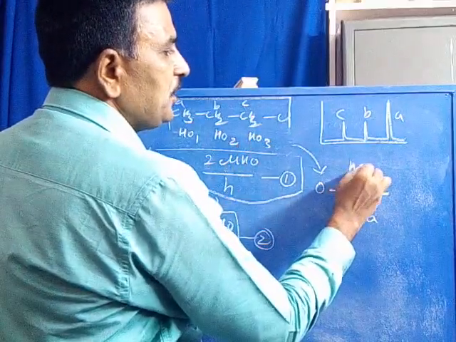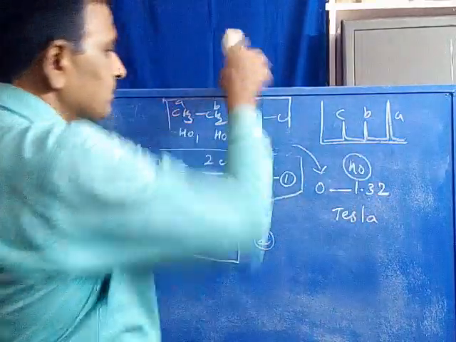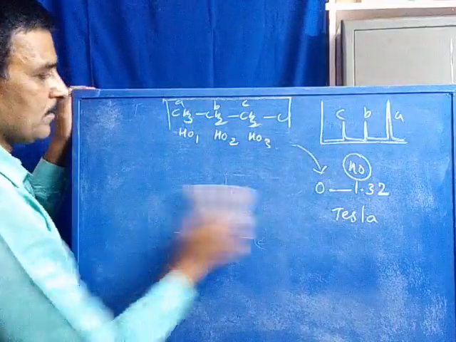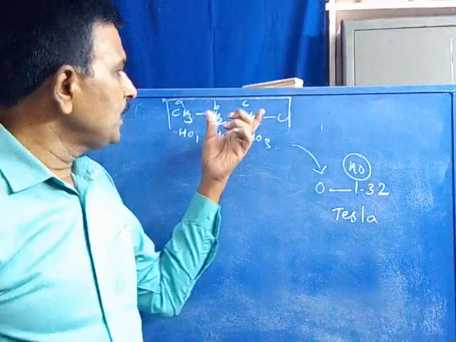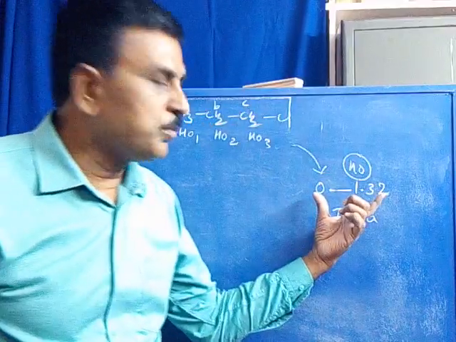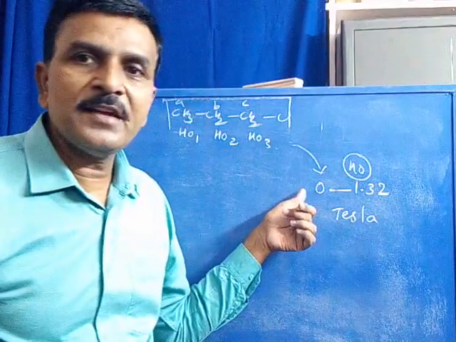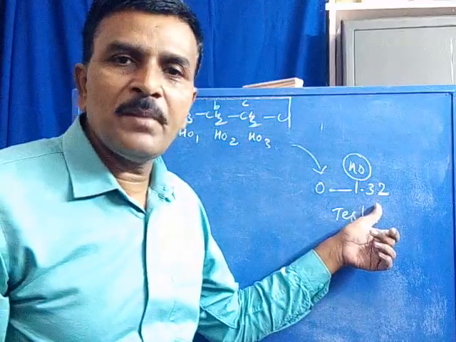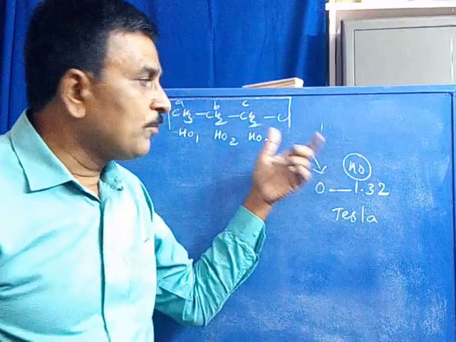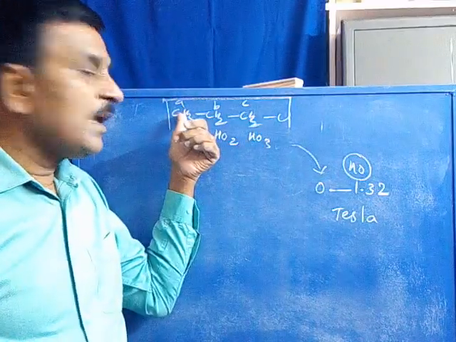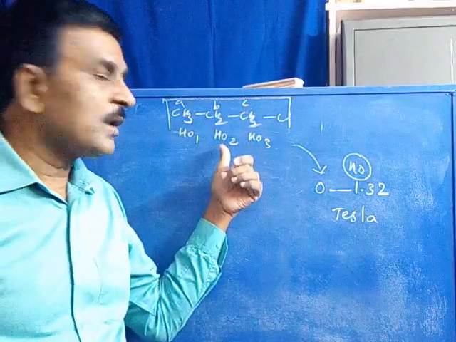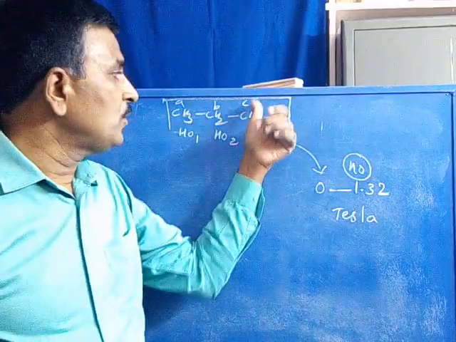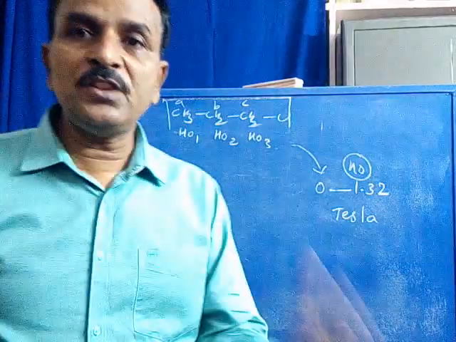Now this is H0. You can see the molecule is exposed to a range of external magnetic field 0 to 1.32 Tesla, from which the A proton consumes H01, the B proton consumes H02, and the C protons consume H03.